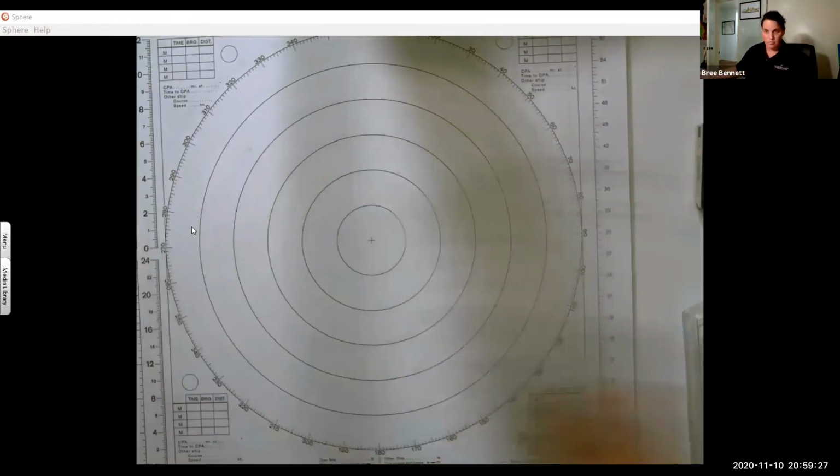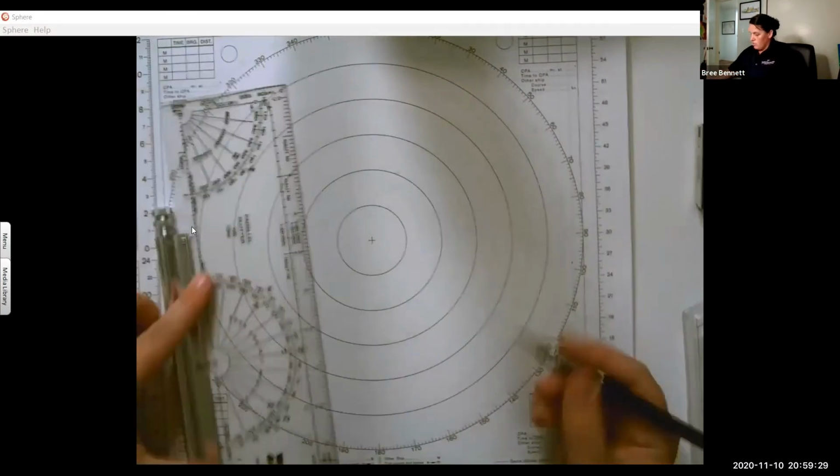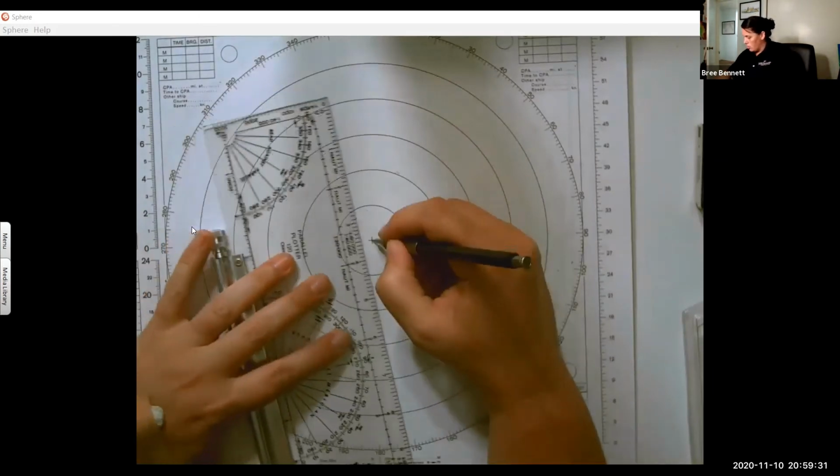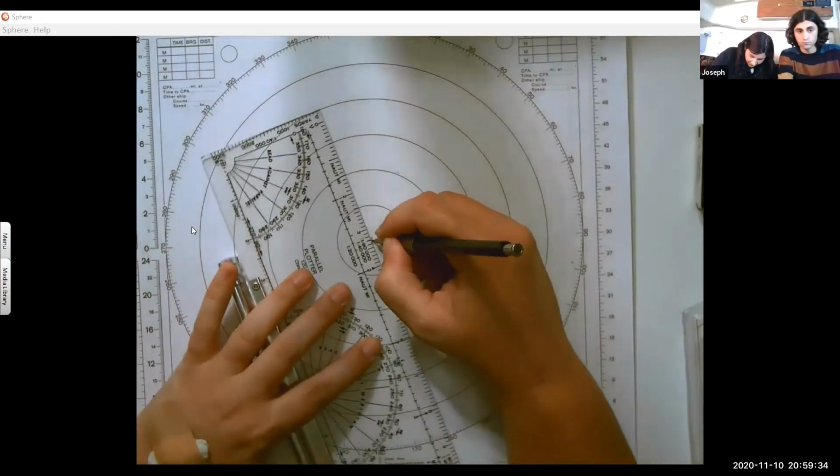Again, I do things a little bit quicker. So we have our own ship at 160.